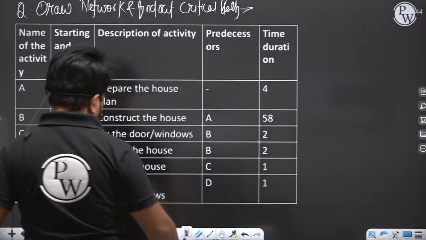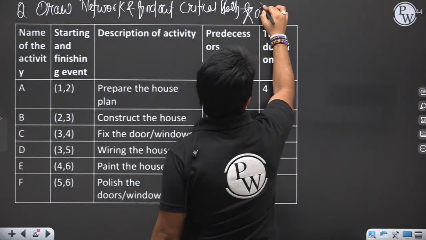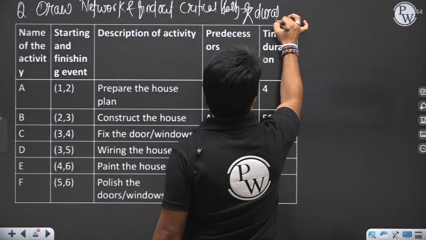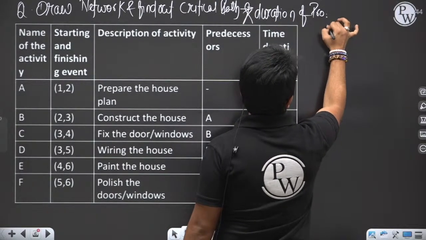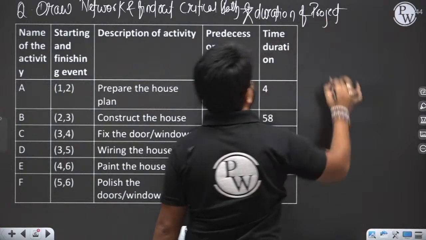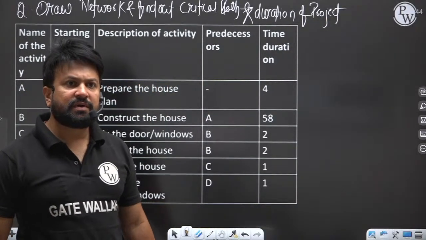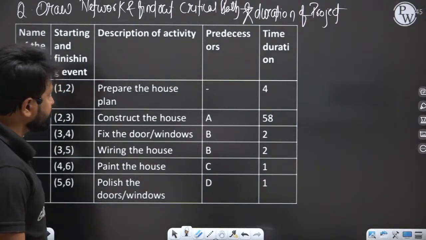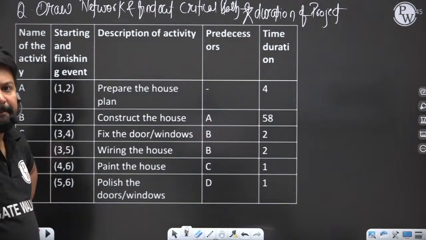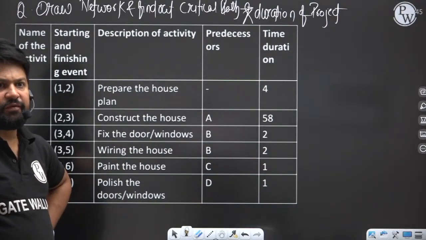Critical path and duration of the project also, my dear. Duration of the project from the critical path. Okay, 65. Okay, let me start.